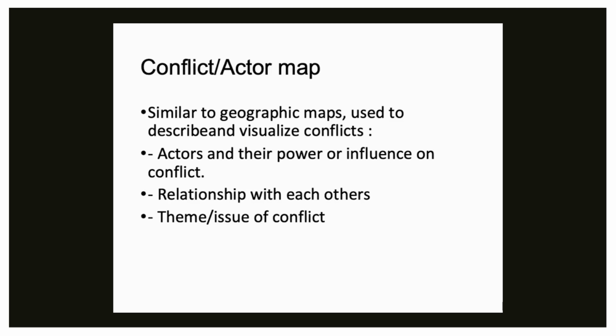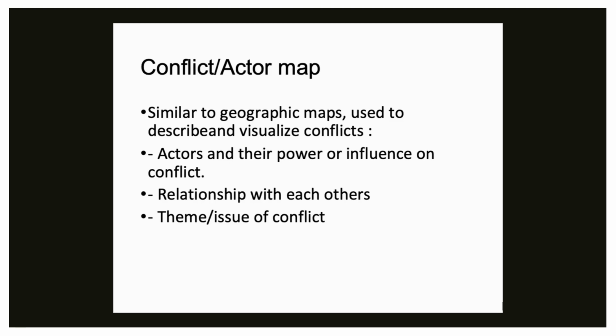The map of conflict is similar to a geographic map used to visualize and describe the conflict, and also to describe the actors and their power or influence on the conflict, their relationships with each other, and also the issues of conflict.